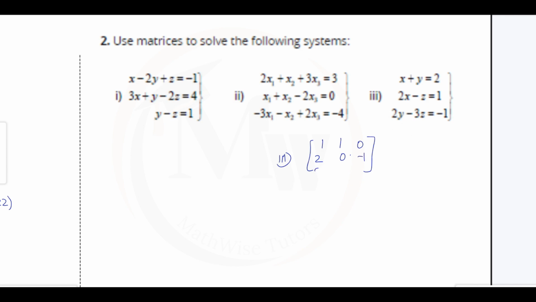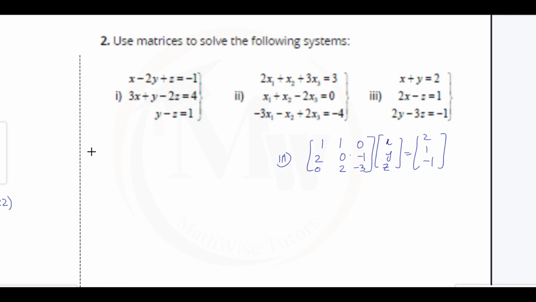Same for the third row, it will be 0, 2, and -3. And the variable matrix is x, y, and z. On the other side, the B matrix will be 2, 1, and -1. And now you can easily solve this matrix using the Cramer rule by the previous method as we discussed.